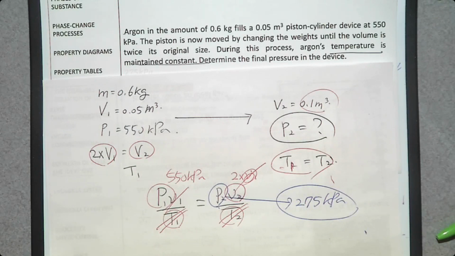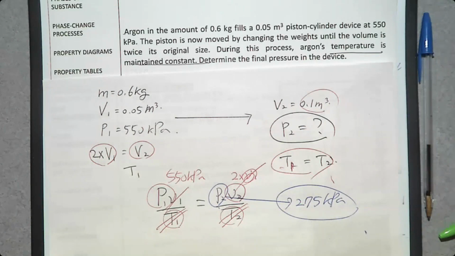So any question about this one? It's pretty simple compared to the table, right? As long as you have an ideal gas. So the question is, can I assume this to be an ideal gas or not? As long as you can approximate your system as an ideal gas, it's going to be pretty simple.